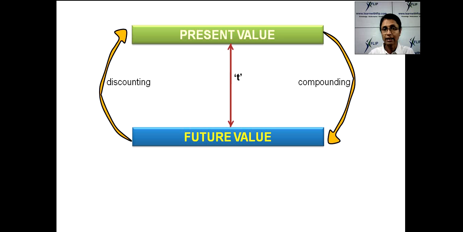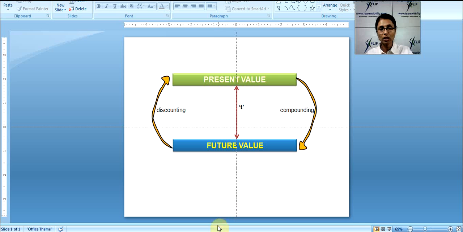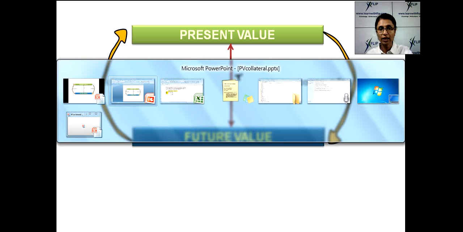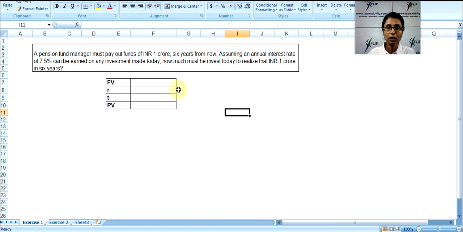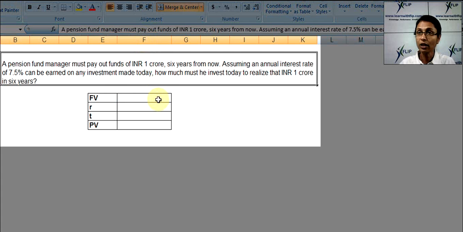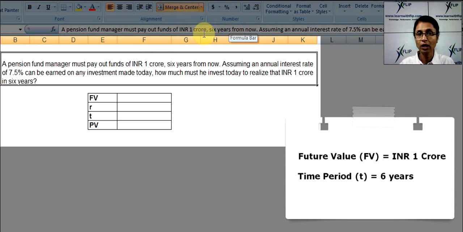Let's look at an example to illustrate this. I'm using an example which is there in the courseware. A pension fund manager must pay out funds of INR 1 crore 6 years from now. There you go, we have the future value and we have the time period.